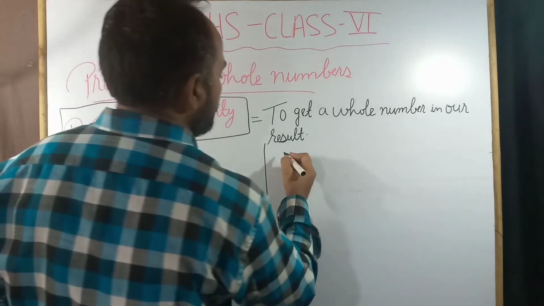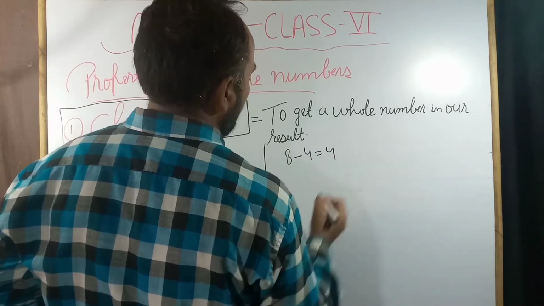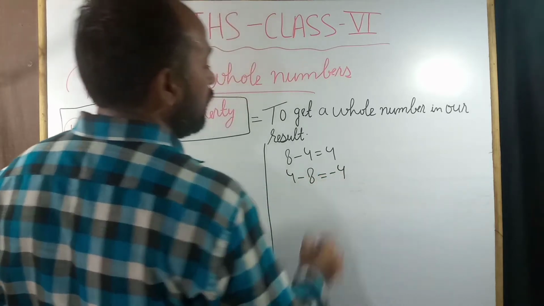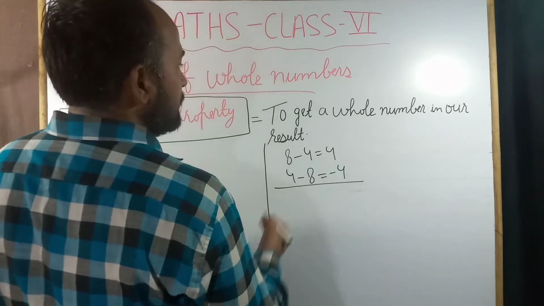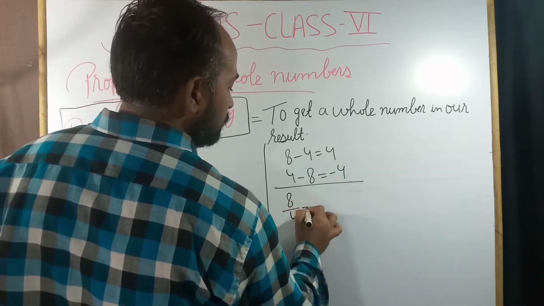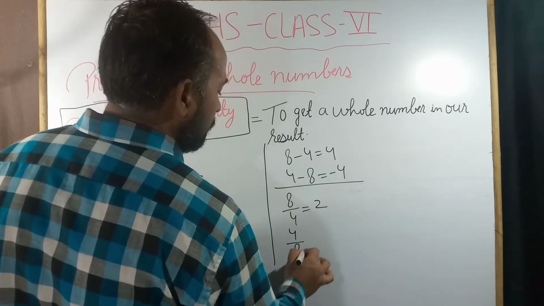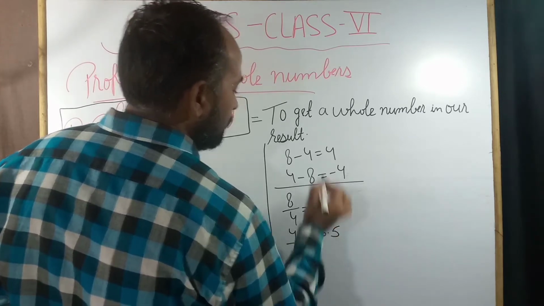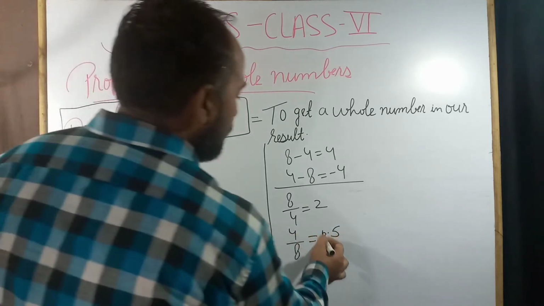Look at the board. 8 minus 4 is 4, a whole number, but 4 minus 8 is not a whole number. Now in the case of division, 8 divided by 4 gives a whole number, but 4 upon 8 is 0.5. Clear? So it's not a whole number.